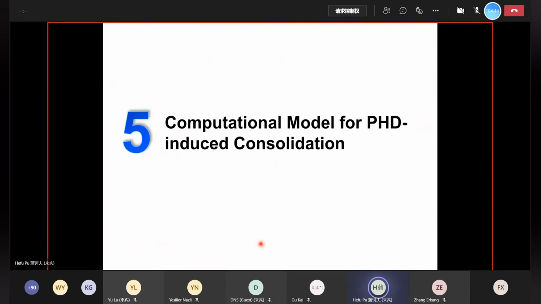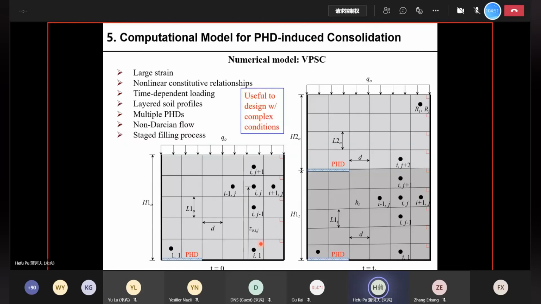And lastly, I will present some computational model that we developed for PhD-induced consolidation. Because when we use this PhD-based vacuum method in the field, we need to decide how we design this PVD, how long we need that, and what is the lateral spacing and vertical spacing of the PhDs, especially when we have complex conditions such as layered soil profile, and so on.